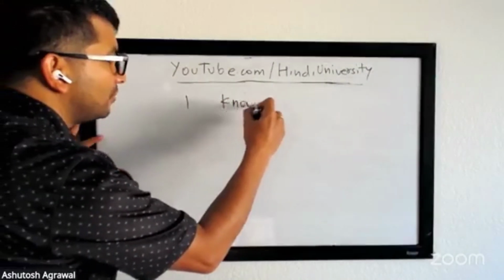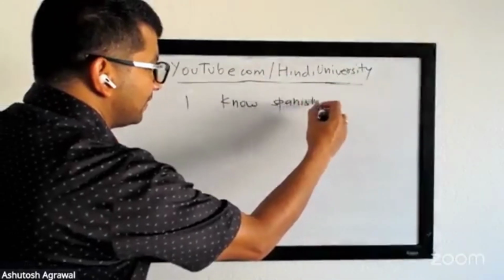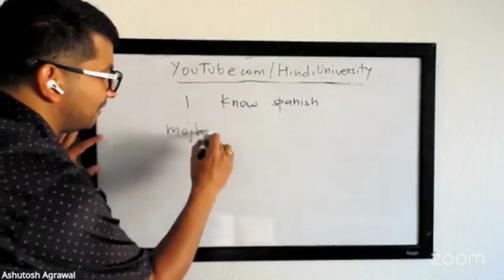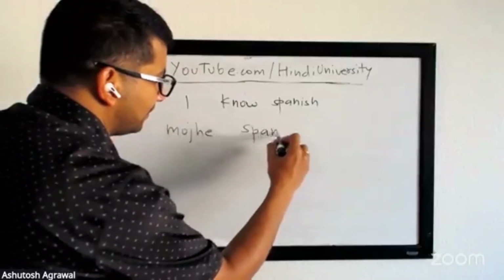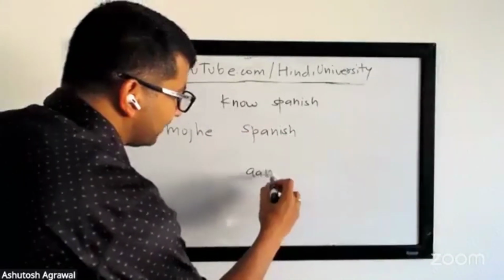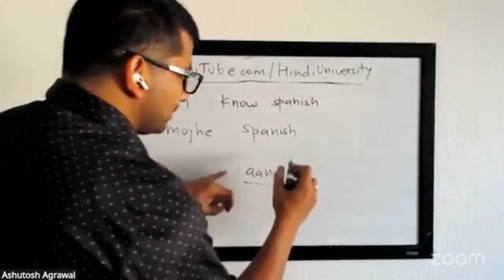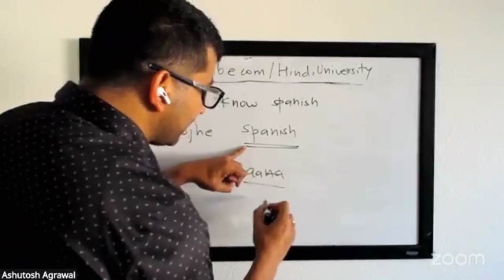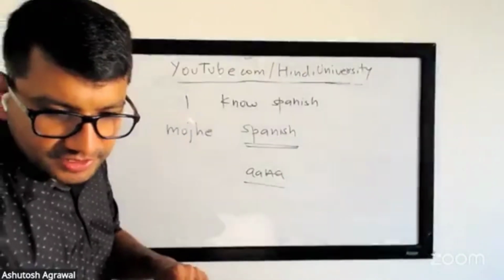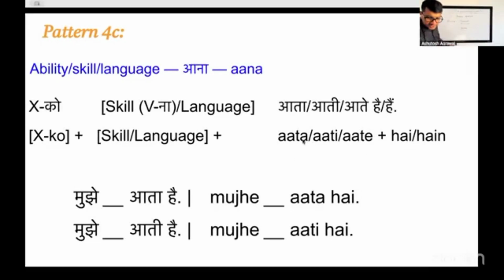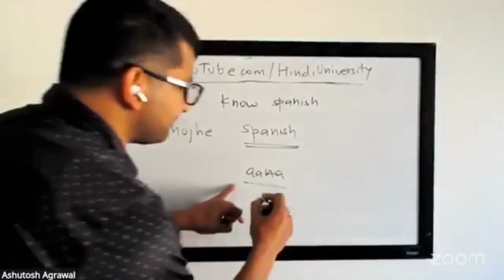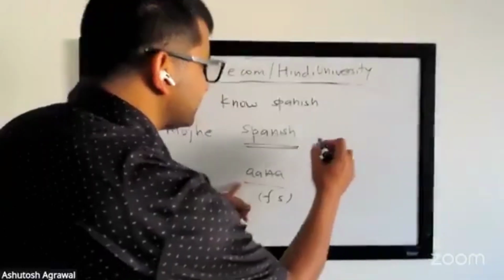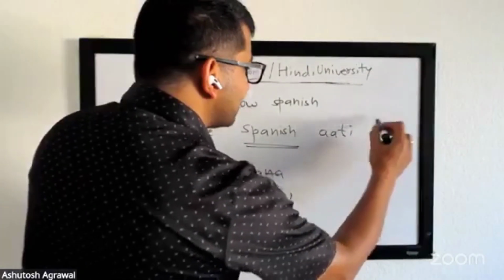Mujhe Spanish ane... The word is ana, and because Spanish is considered feminine singular, you remove the na. Ani. Let me share it again, and maybe that will help you. What do you see on my screen? Ati. Yeah, okay, beautiful. So because languages are considered feminine singular, it's मुझे Spanish आती है.